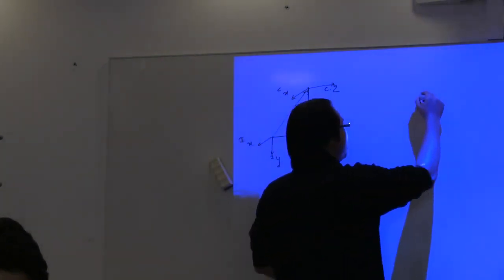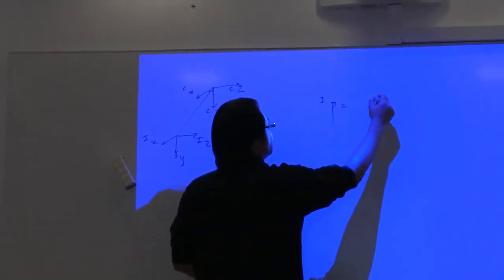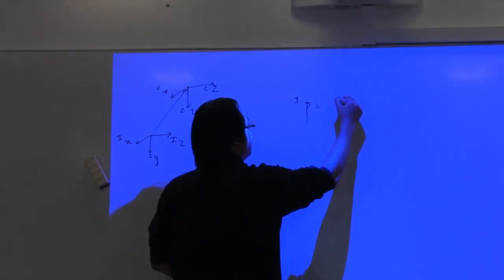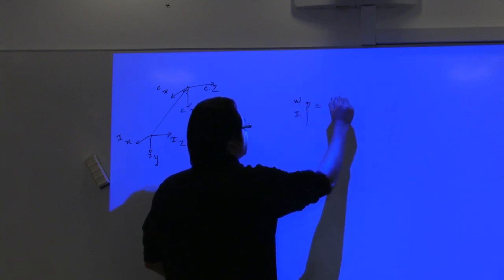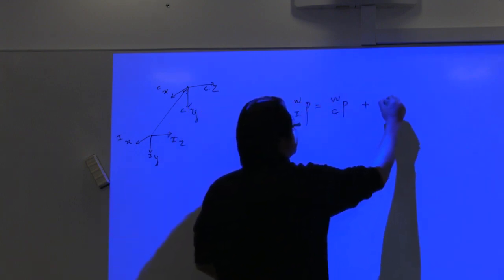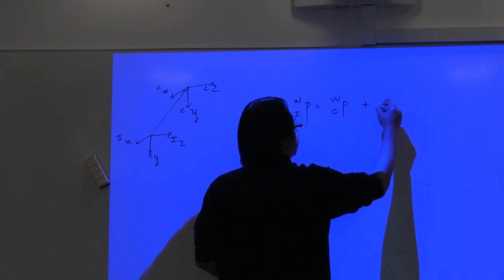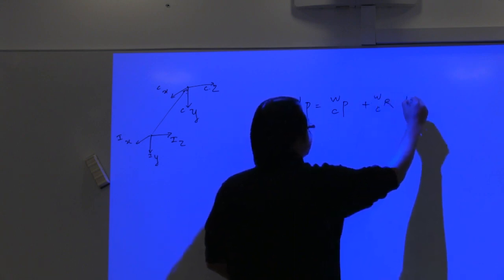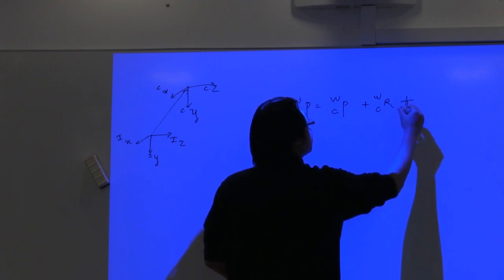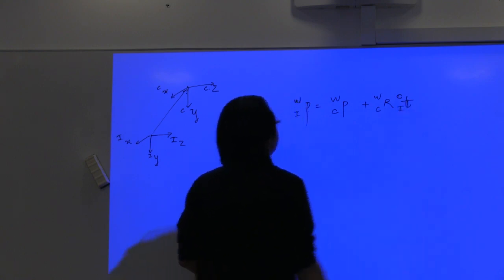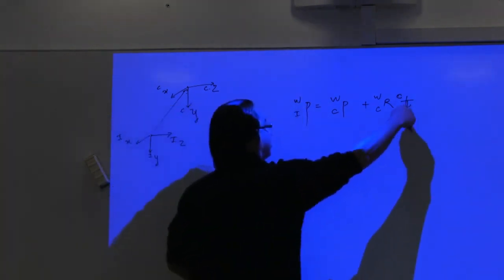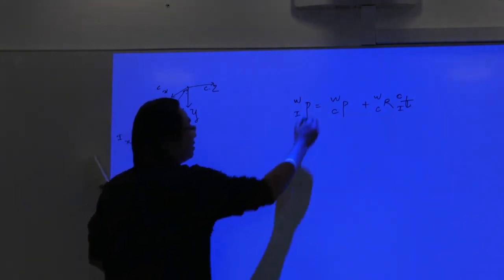So the position of the IMU in the world frame is the position of the camera in the world frame plus the rotation of the camera in the world frame multiplied by the translation from the camera to the IMU. This one should be C, this one should be I. This is the translation of the IMU in the camera frame.